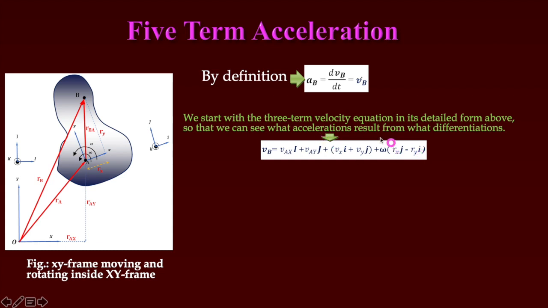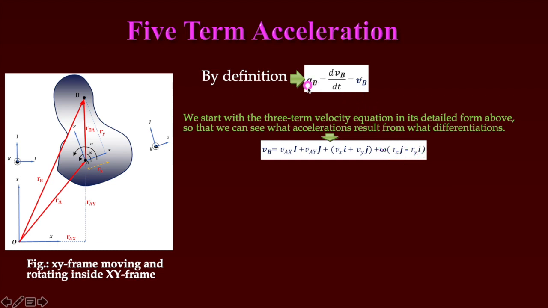This equation was known as the 3-term velocity equation, where this is equal to Va. These are the two components of Va, these are the two components of Vxy, and these are the two components of V omega. This velocity component is a function of omega.